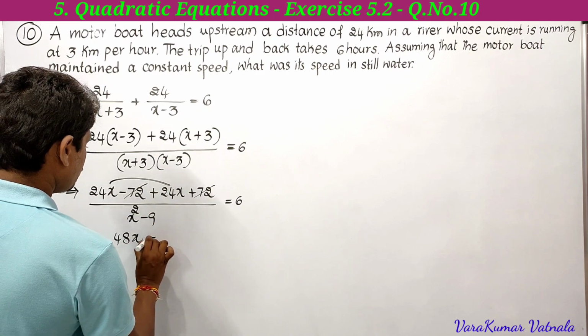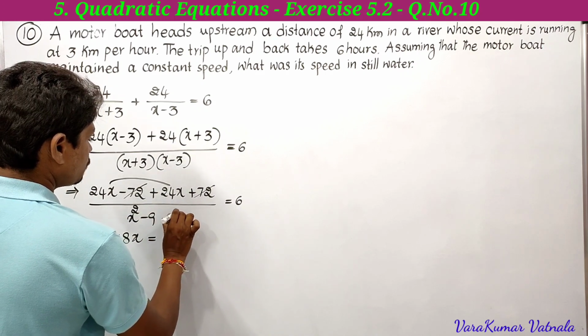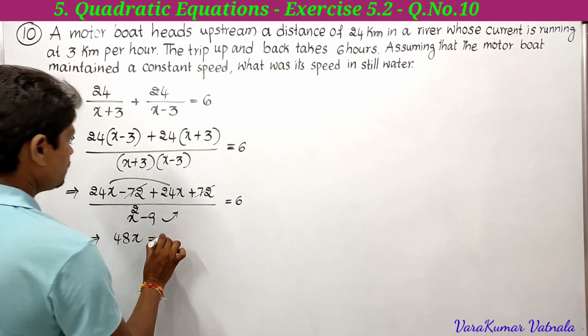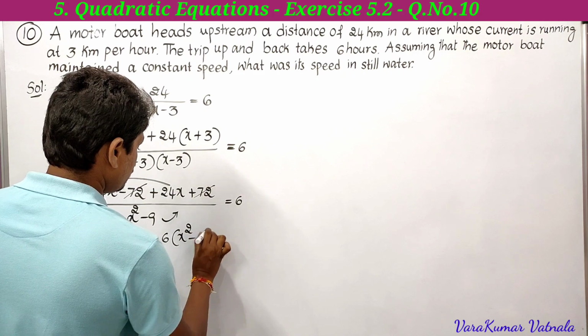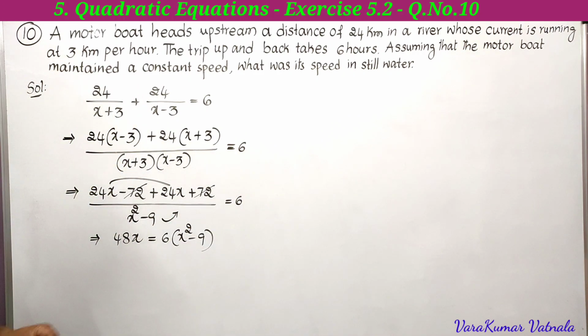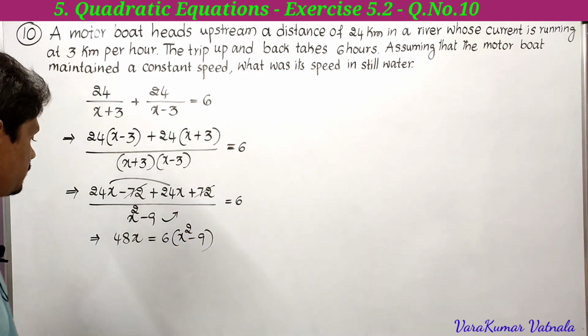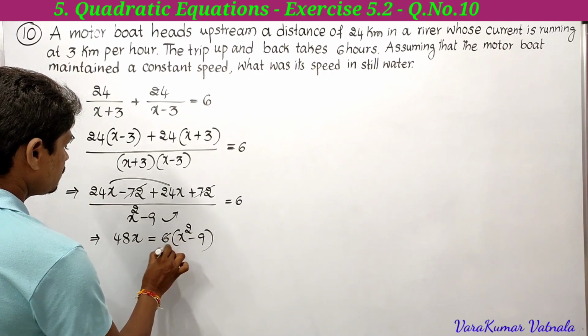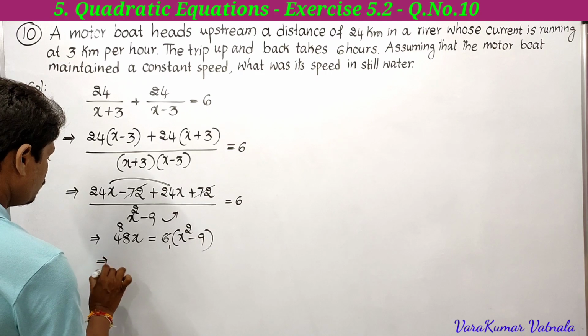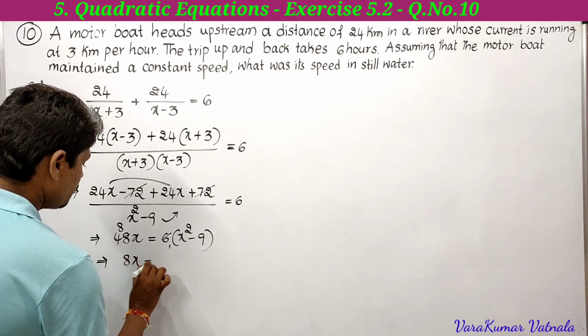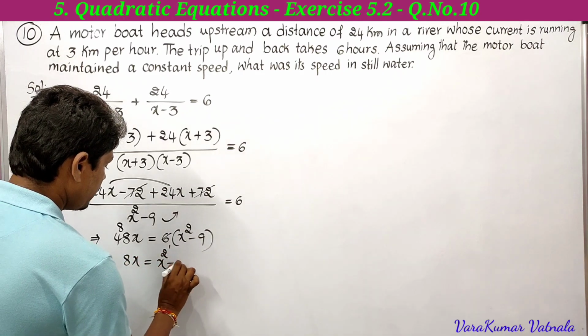48x is equal to, take x square minus 9 to the right side, we get 6 into x square minus 9. So here x square minus 9 is dividing. If you take to the right side, it multiplies. So here we can cancel, 6 ones are 6 and 6 8s are 48. So we have 8x is equal to x square minus 9.